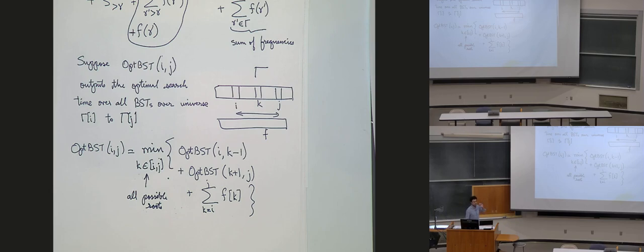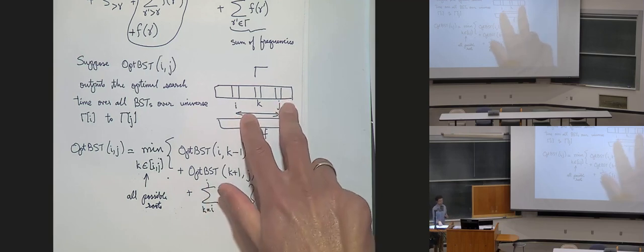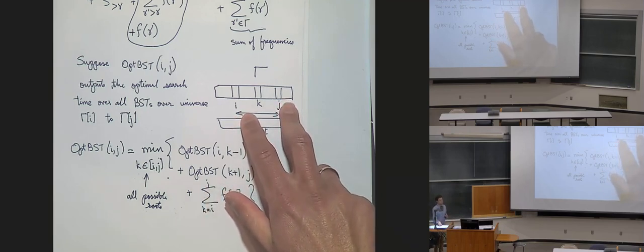Yeah? So you start in the middle, and you choose that root, and then you try to construct the tree, and that's where the summation of frequencies comes from. I'm sorry, say that again? Sorry. So opt BST chooses a root from K, right? From some range, yeah. Okay. And then it constructs its own tree, and that's where the summation of the frequencies comes from.